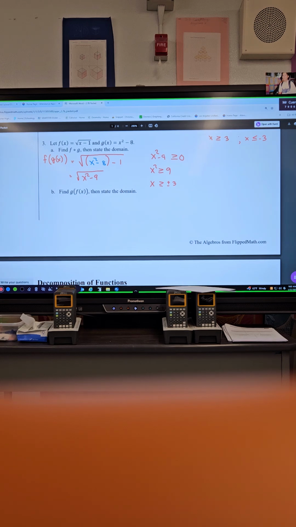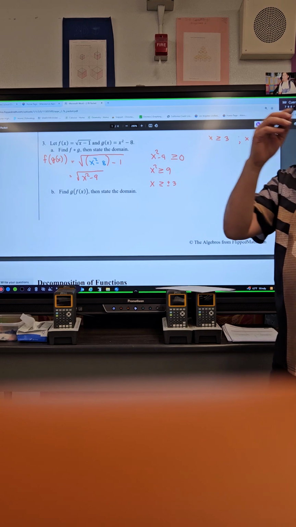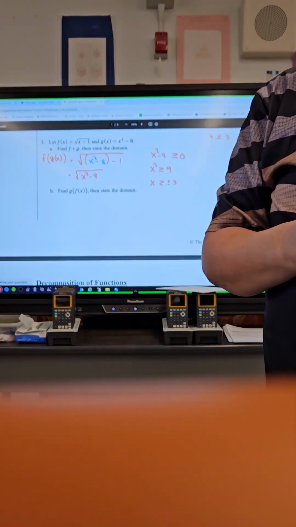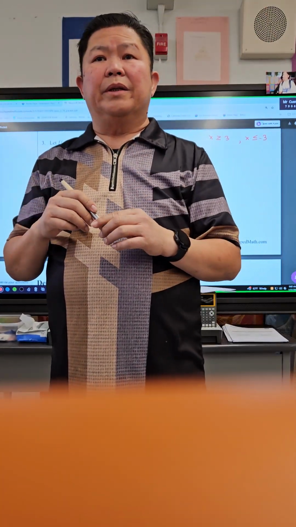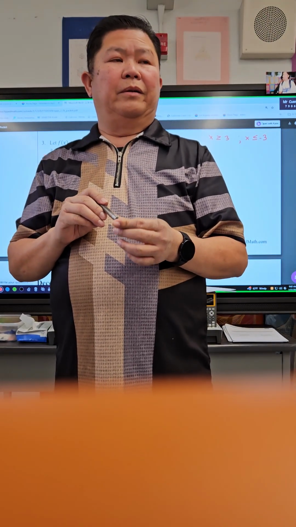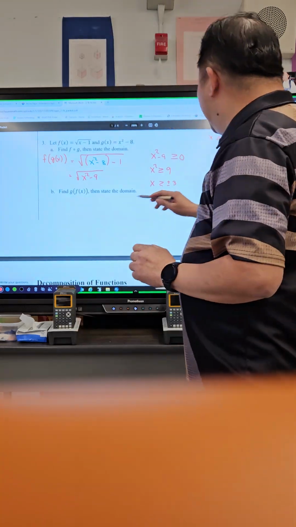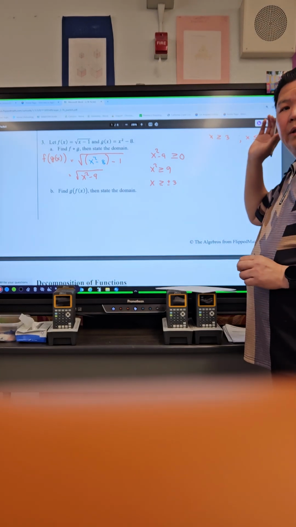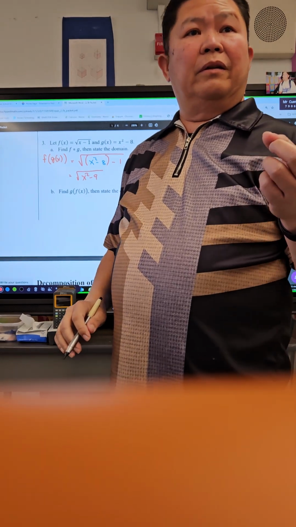Okay, now this is not yet the final answer. Remember in Algebra 2? I was telling your teacher in Algebra 2 to be strict in using parentheses and what? Bracket. Now this is less than negative 3. What are the numbers less than negative 3? Negative 2 is less, right?